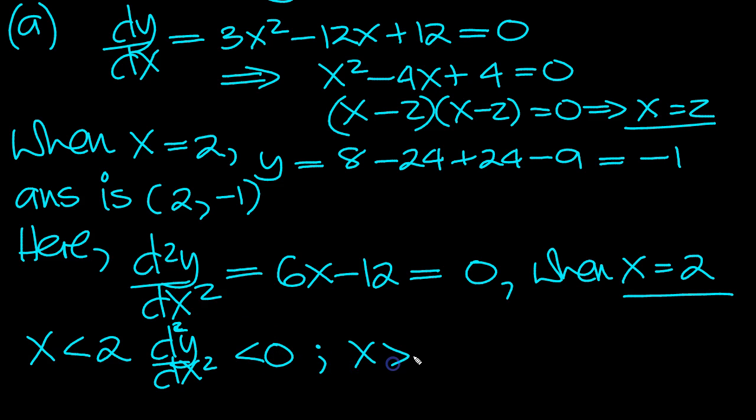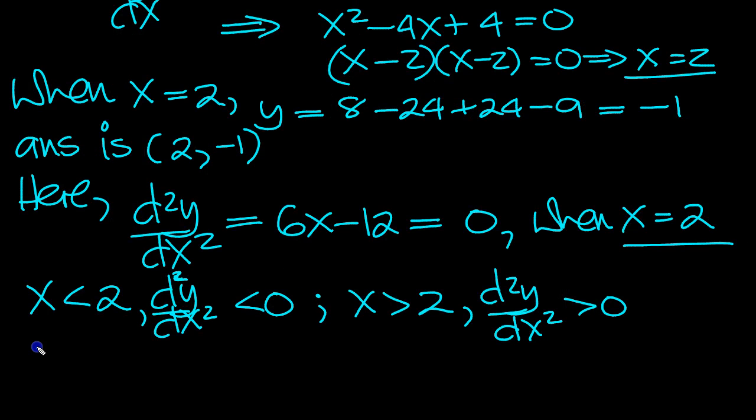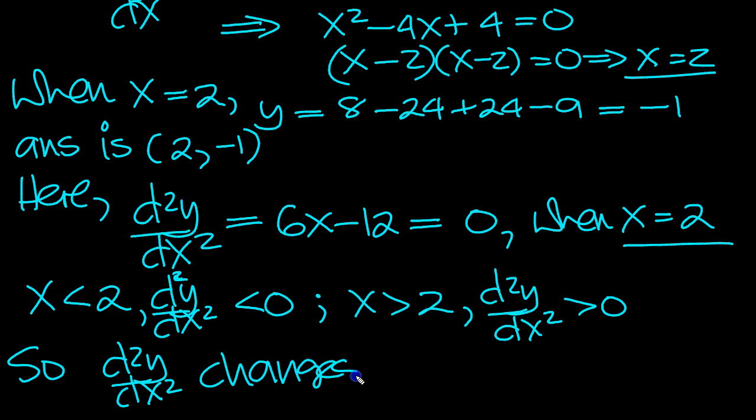When x is greater than 2, this becomes bigger than 12, so this will be positive. So the second derivative changes sign. And we have a point of inflection.